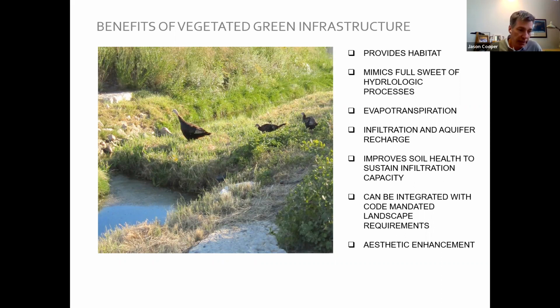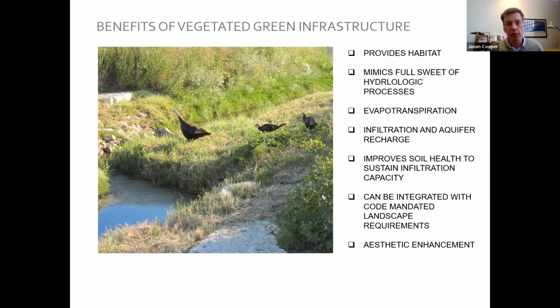So what benefits do we get with a vegetated green infrastructure system that we don't get with non-vegetated? Well, for one, it provides habitat. This is a restored creek corridor, but those are turkey up at that same Glendale office park I showed on the first slide. So we add habitat both for native plants and native animals.